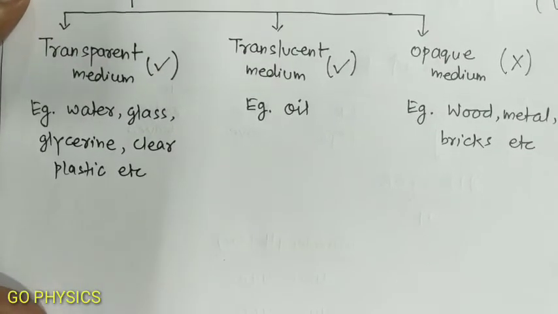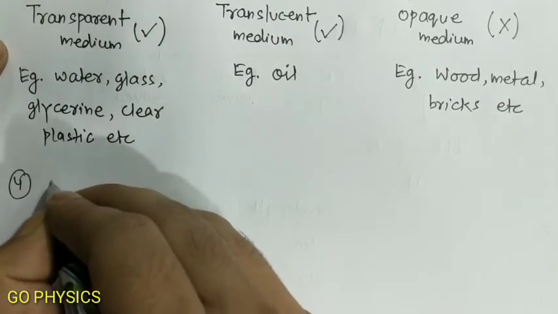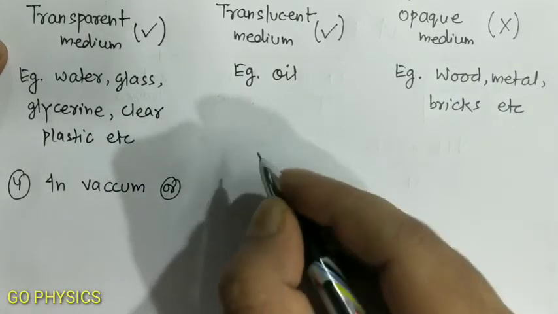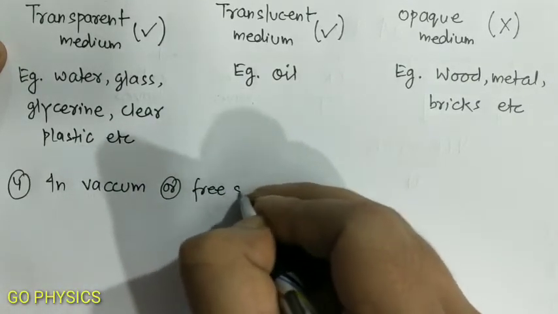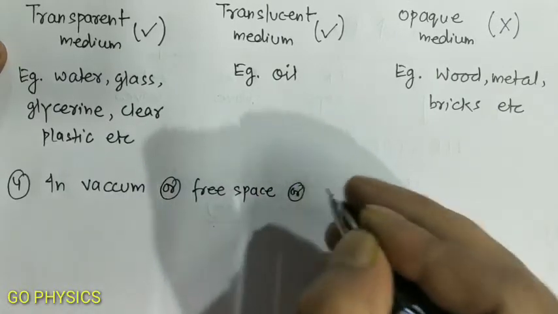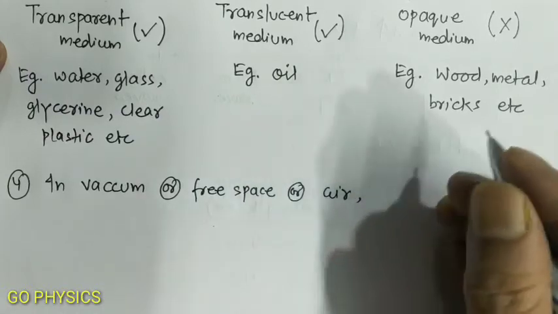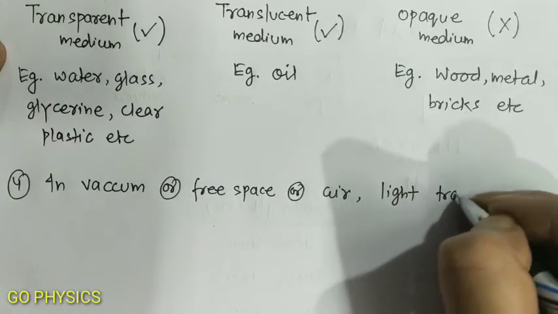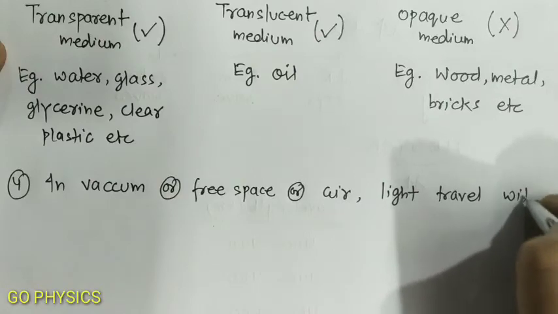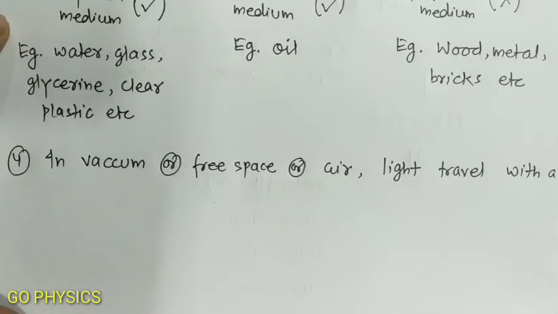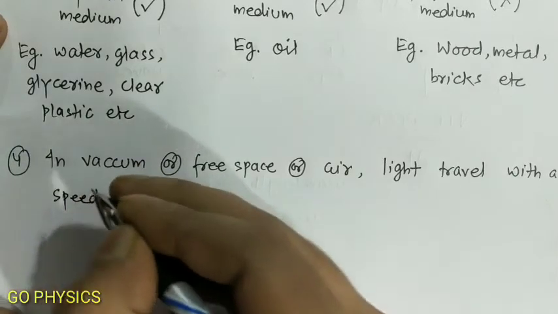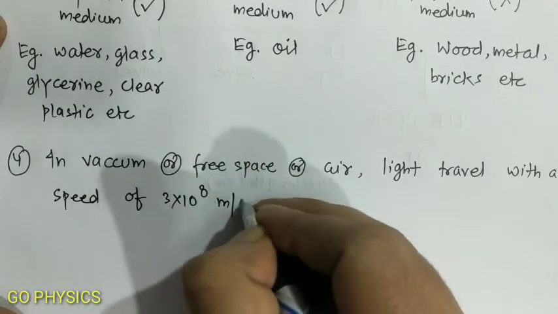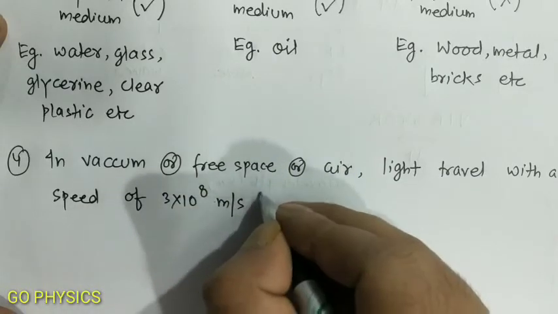Now let's see the fourth property of light. In vacuum or free space, or sometimes we say air, light travels with a speed of 3 into 10 to the power 8 meter per second, and this quantity is denoted by c.